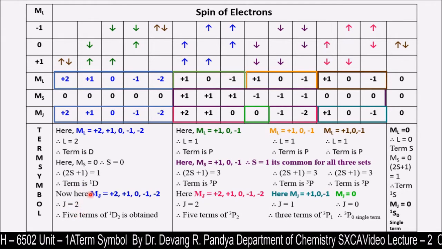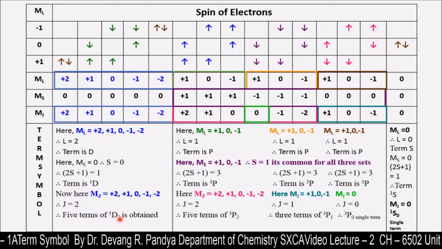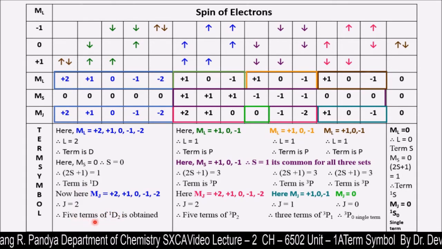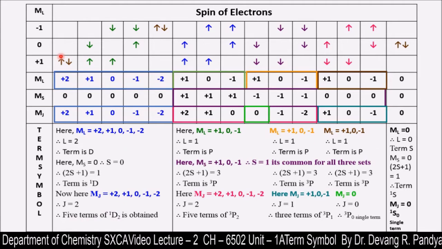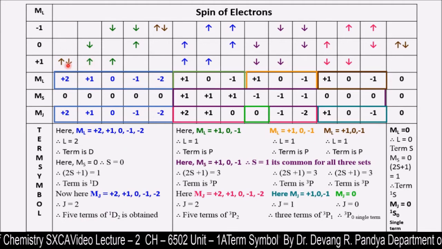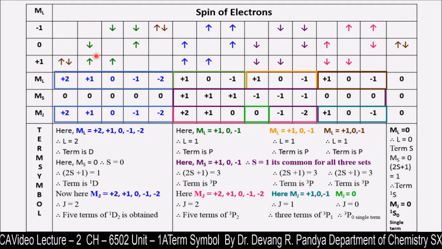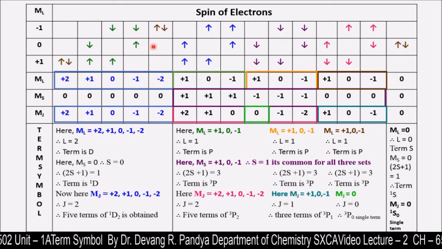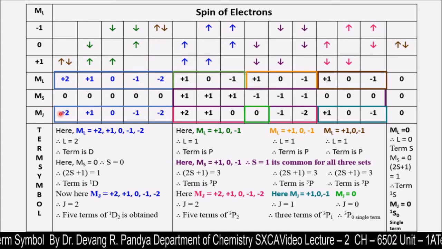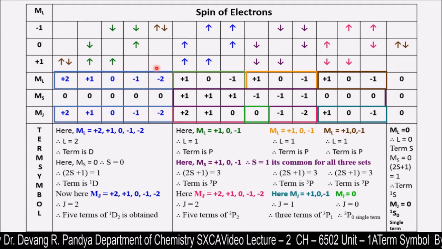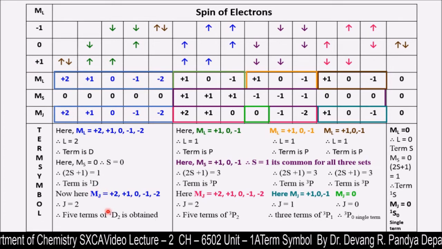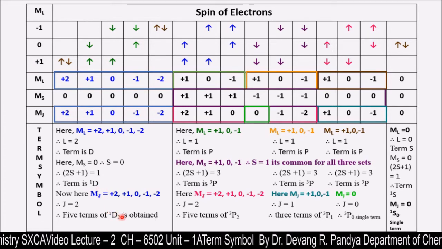So our term is going to be singlet D2, and that singlet D2 term can be assigned to these 5 microstates: first arrangement, second, third, fourth, and fifth. For these 5 microstates, we have a similar term symbol, that is singlet D2.